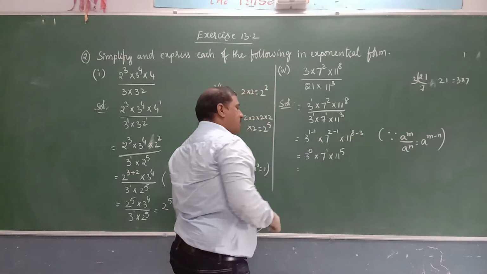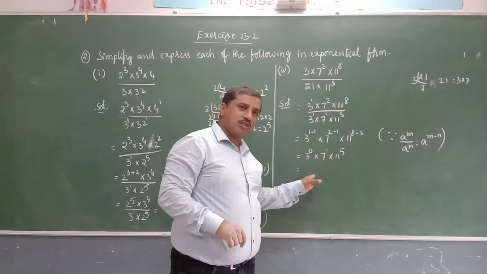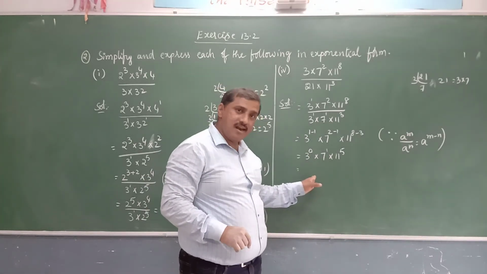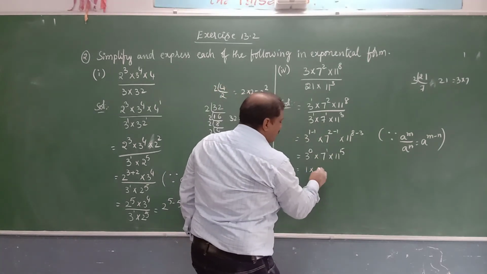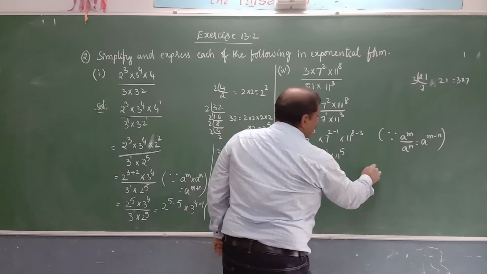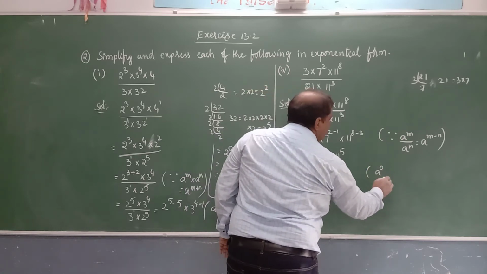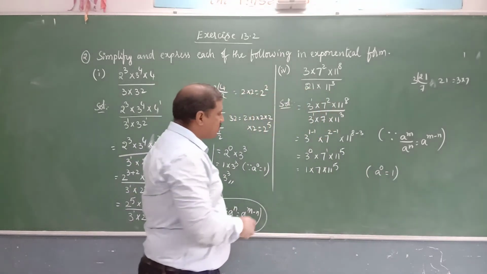Now what is 3 power 0 equal to? 1. Any number to the power 0 is 1, other than 0. So 3 power 0 is equal to 1, into 7 power 1, which is 7, into 11 to the power of 5. Which law did we use here? A power 0 is equal to 1.